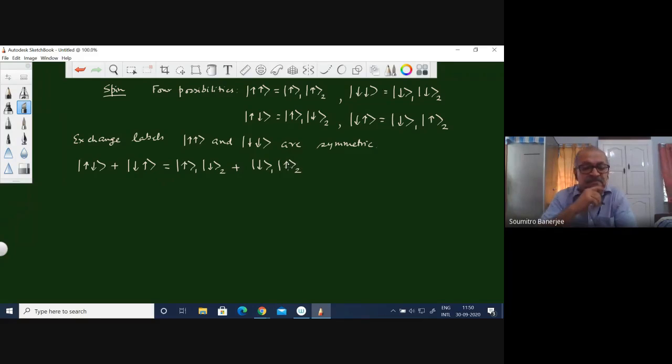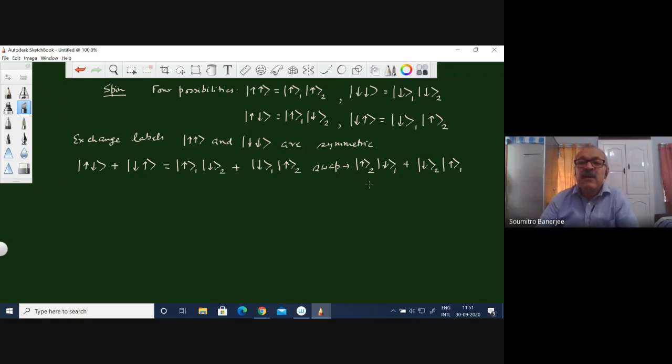Now swap the positions of 1 and 2. If you swap, you get up 2, down 1, plus down 2, up 1.